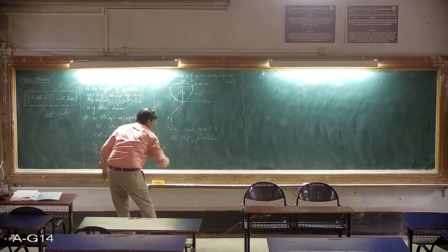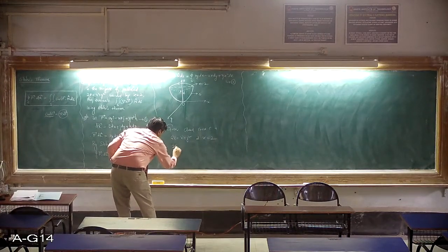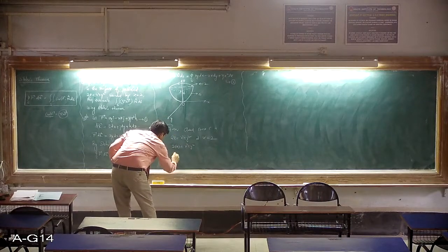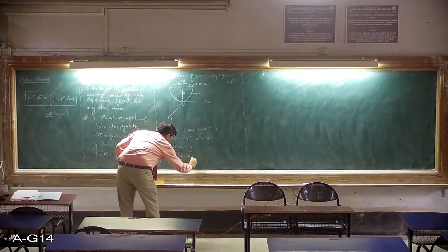Which implies that at z is equal to 2 we have to put z is equal to 2 here, that means 2 into 2 is equal to x square plus y square, which implies that x square plus y square is equal to 4.